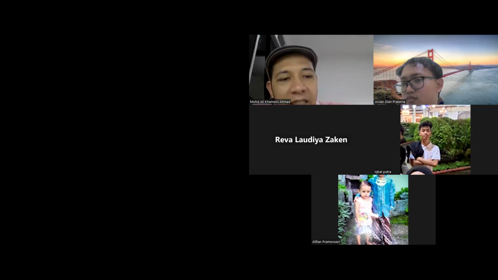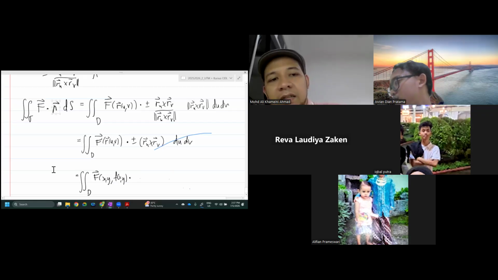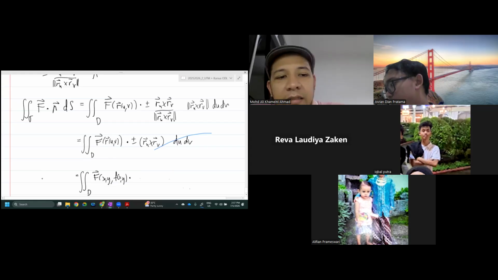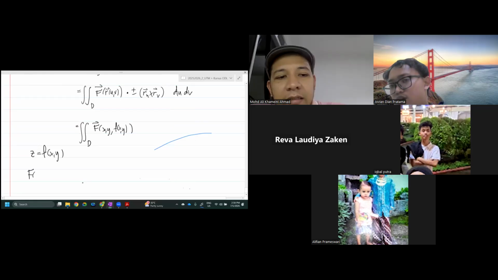Let's come here. Our surface here, if you recall, is z equal to f(x,y). So you can make it a level surface: F(x,y,z) equals z minus f(x,y) equal to 0. Okay? So this is a level surface.